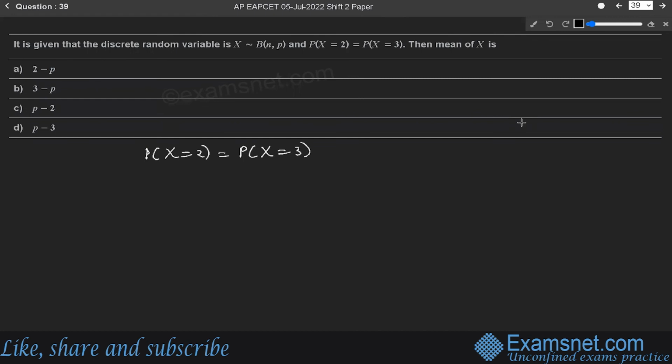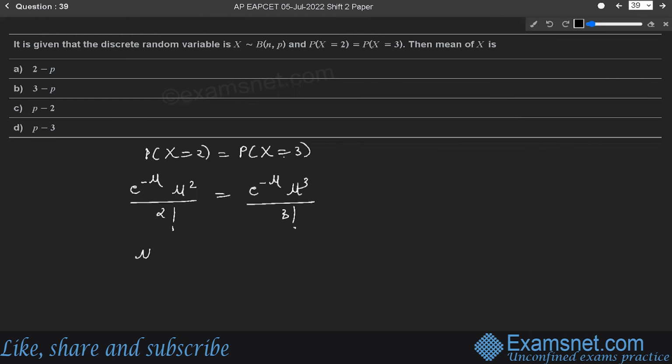We know that there is a formula for the Poisson distribution, and the formula is e to the power minus mu into mu square divided by 2 factorial, because here P of x is equal to 2. This is equal to P of x is equal to 3. So it will be e to the power minus mu into mu cube divided by 3 factorial.